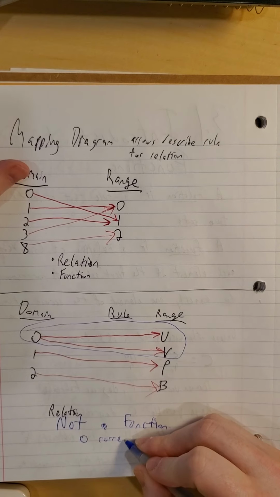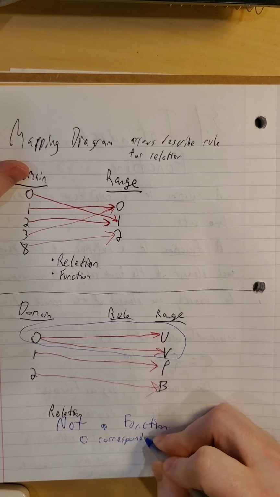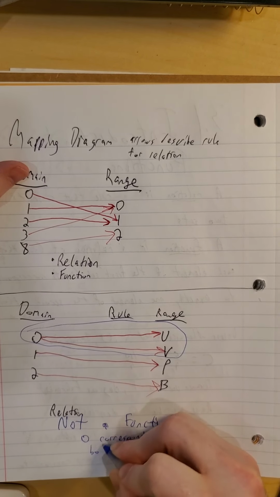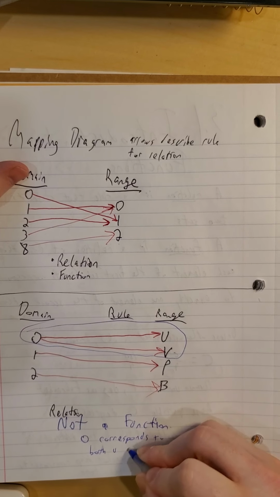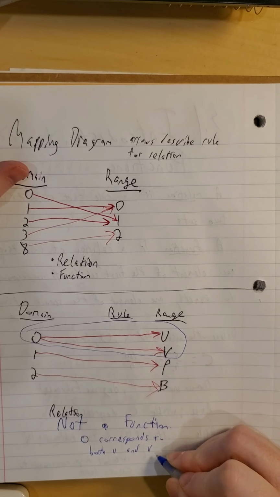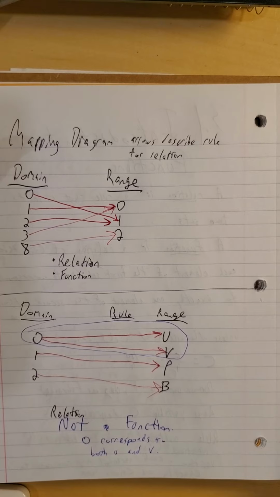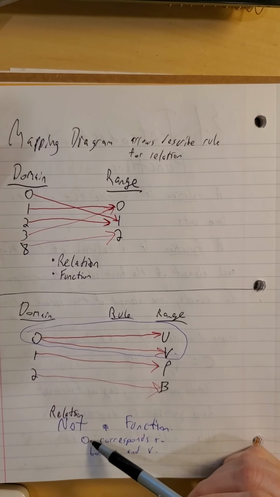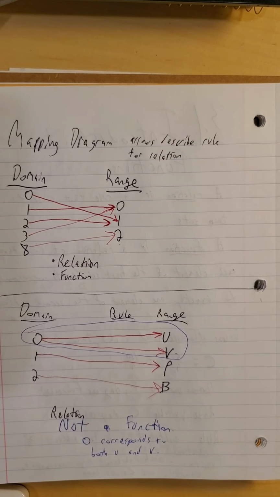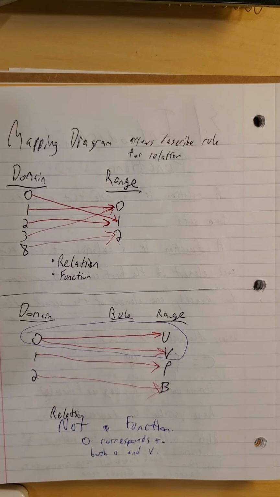So 0 corresponds to both U and V. So that's one domain value, 2 or more range values connected with it, not a function.